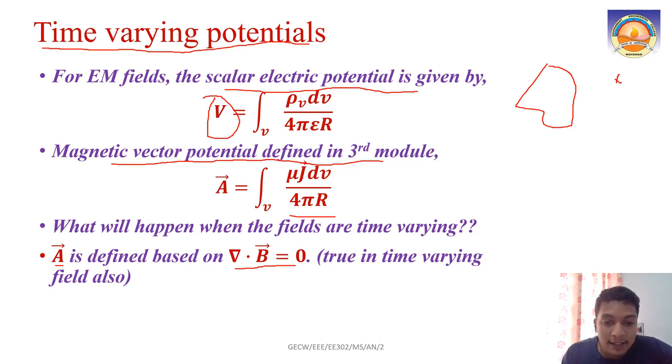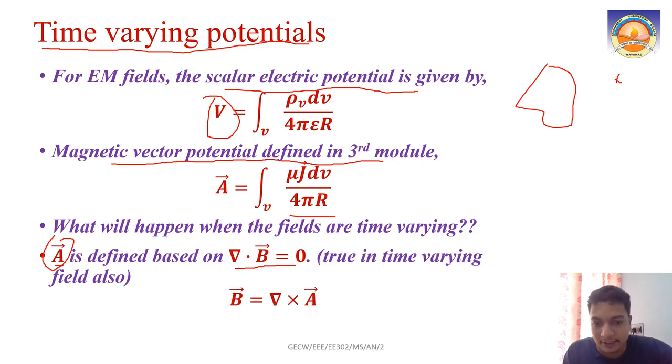And when del dot B equal to 0, we can define B as del cross A, because the divergence of the curl of any vector is equal to 0. So based on del dot B equal to 0, we are defining vector A.